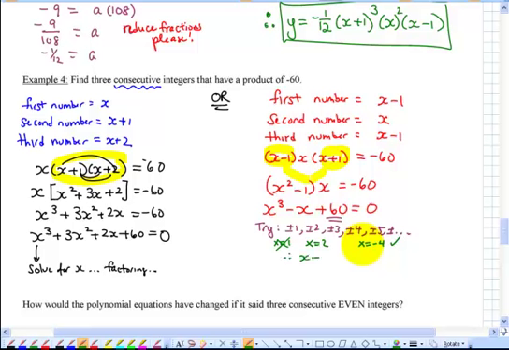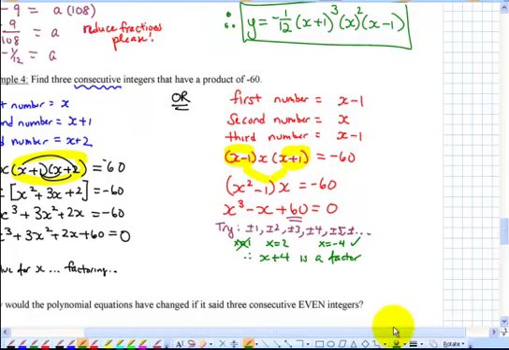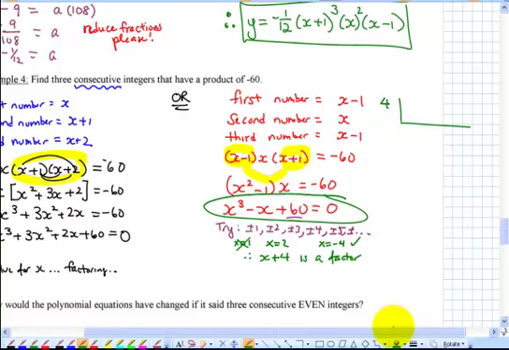Therefore, x plus 4 is a factor. Then you can do the long division. Okay, 4. And then now I'm using this equation here. So 1, negative 1, 60. Is there a problem with what I just did there, everybody?